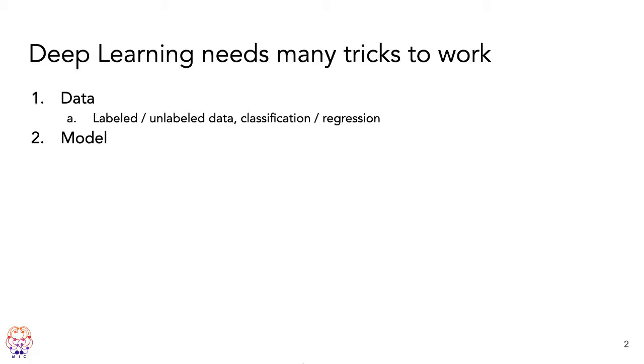Second one is our model. A model is essentially what you will use, not necessarily even a deep learning model. It could be a regular machine learning model. In a deep learning model specifically, you would determine what layers there are, activation functions, and your loss function, and those are all different things you have to design in order to make your model work the best.